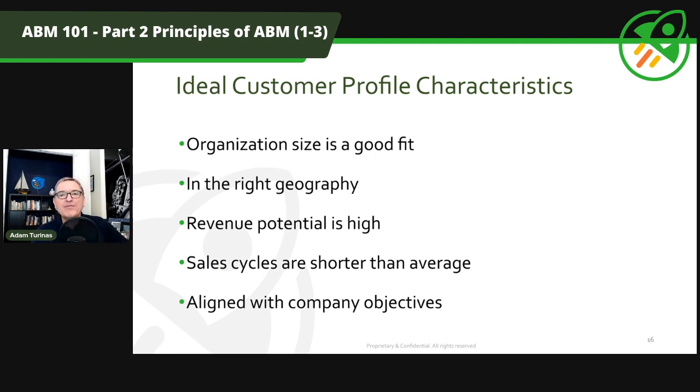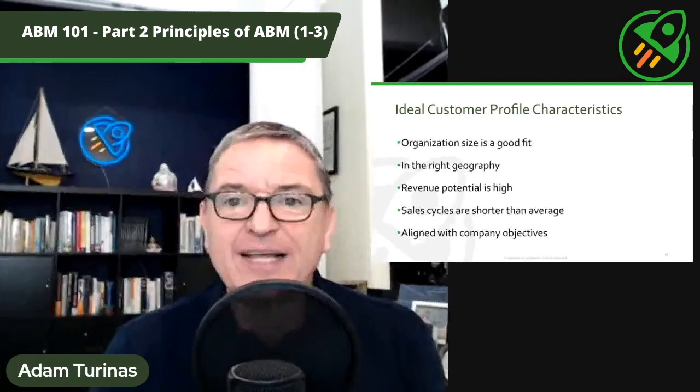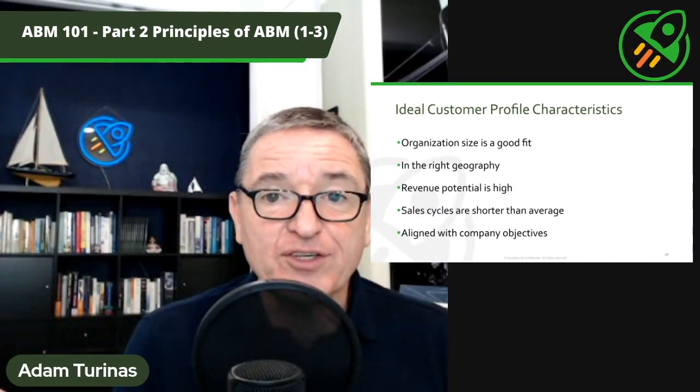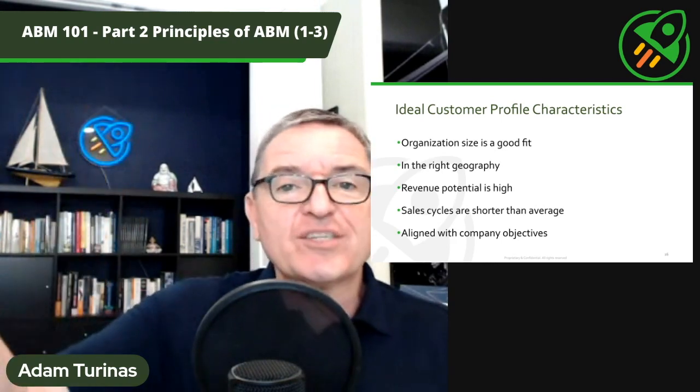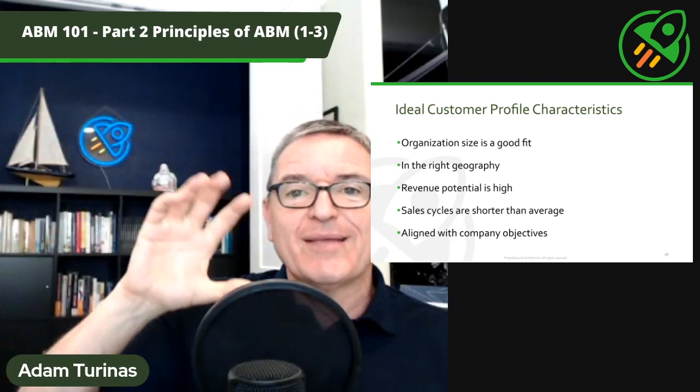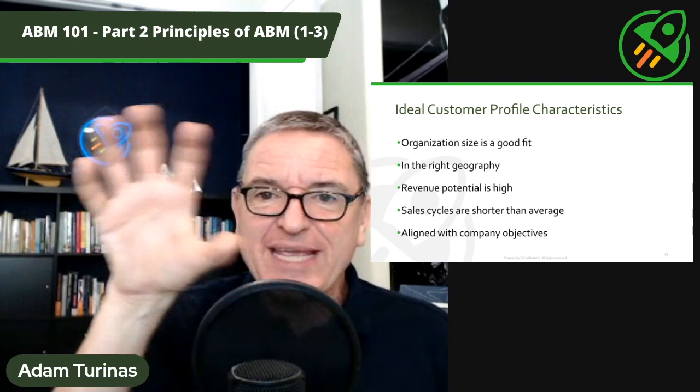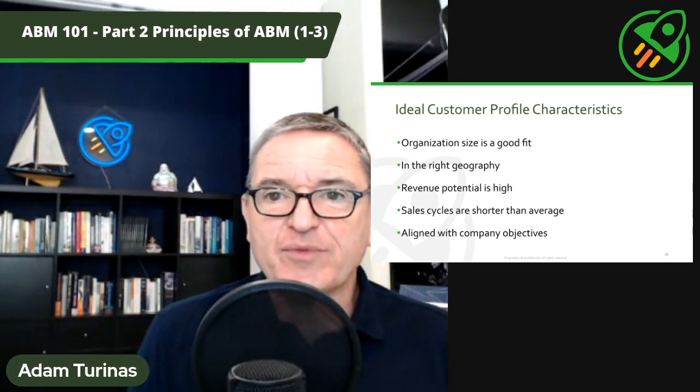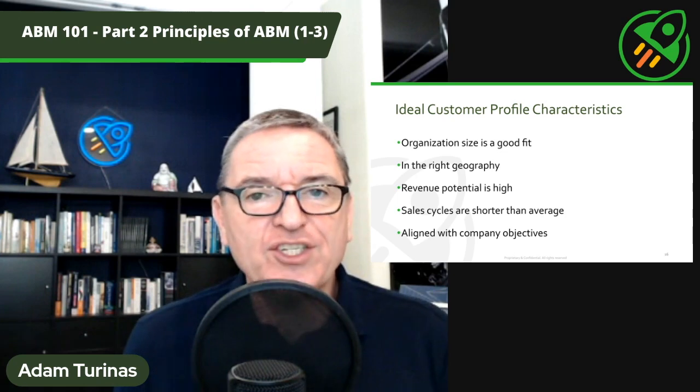So, some of the ideal customer profile characteristics include things like, is this organization a good size, a good fit for me? It may not just be that they're the largest or the smallest. It may be that they're that medium-sized organization that you actually have the most references for. Are they in the right geography?